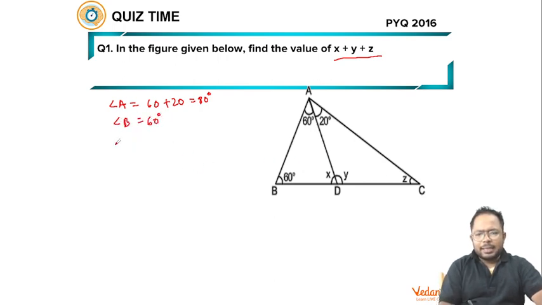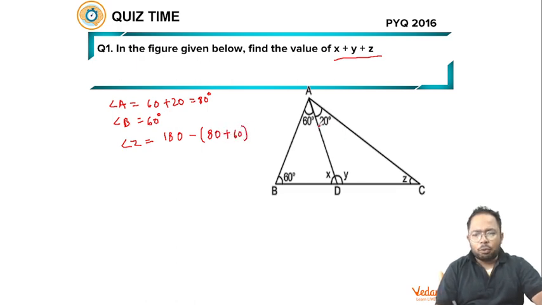So angle C, that is the angle Z, would be 180 minus (80 plus 60). Why? Because we all know that the sum of the three angles of a triangle is 180 degrees. So 180 minus 140 gives us 40 degrees. It means we have got Z as 40 degrees.